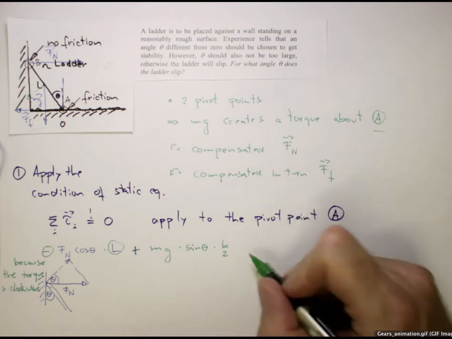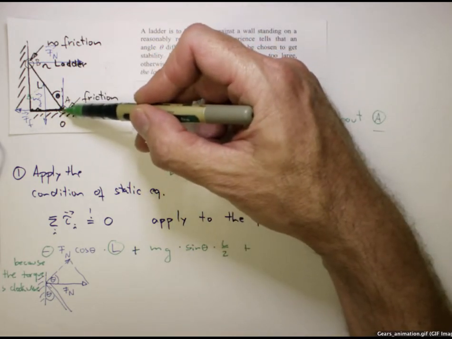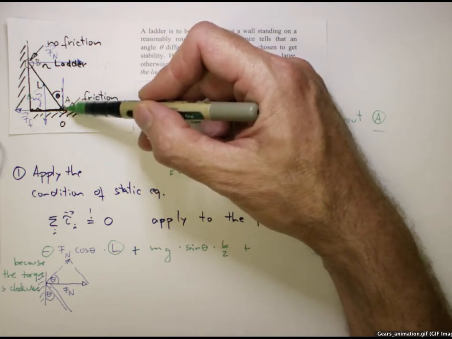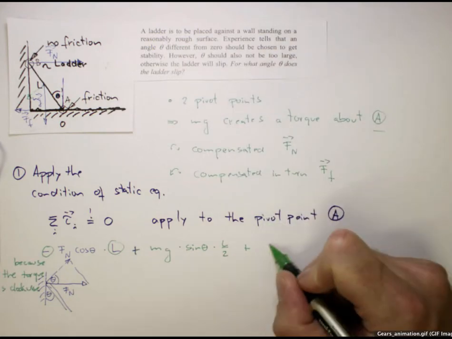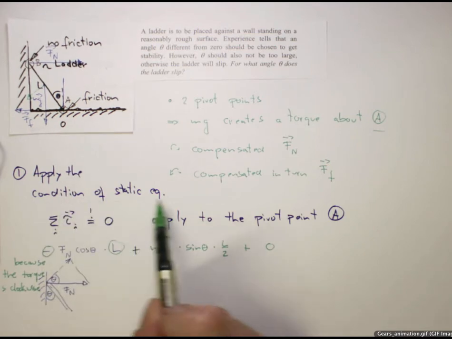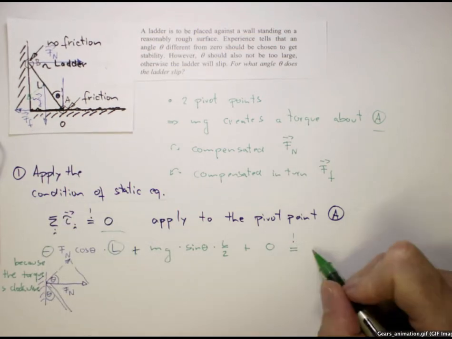Furthermore, we might have contributions due to the friction force here. However, the friction force attacks in the pivot point, so that means its contribution is 0. Now that's all the forces that are present and all possible torques we can consider, and because of the condition of static equilibrium they have to be equal to 0, so we can require that that sum is equal to 0.